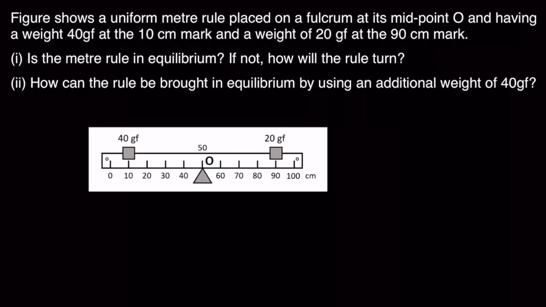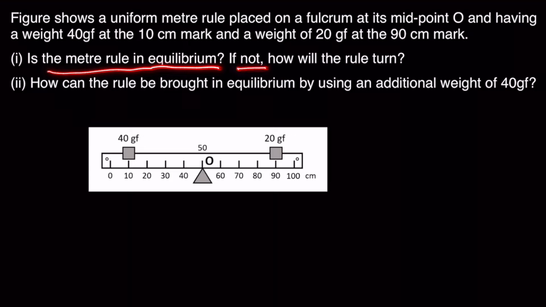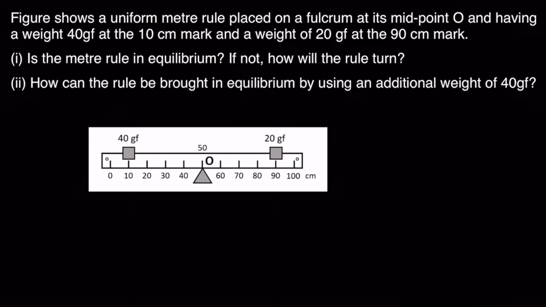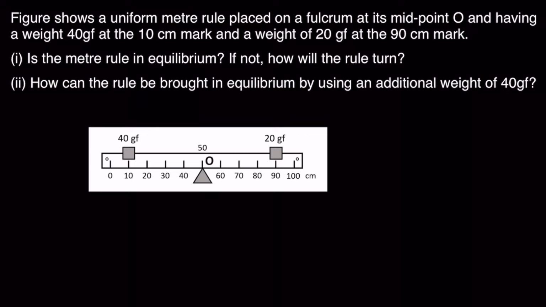Is the meter rule in equilibrium? If not, how will the rule turn? They ask us to first identify whether it is in equilibrium or not, and if it is not, to find which direction it is rotating.